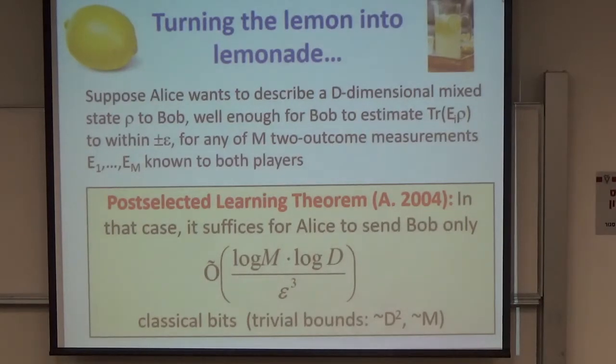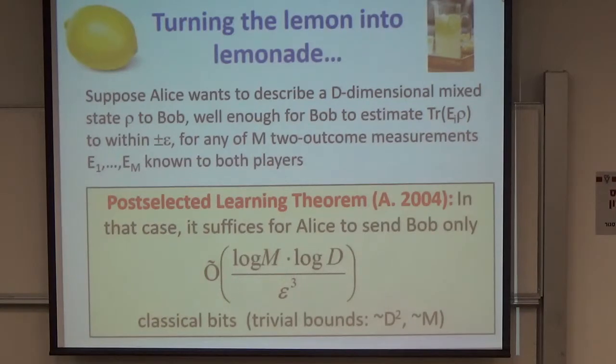So what are the trivial protocols for this problem? Well, Alice could always send Bob just a classical description of the whole density matrix ρ. But if she does that, then she's sending about d squared bits. Alice could also tell him for every i, here is Tr(E_i ρ), approximately.